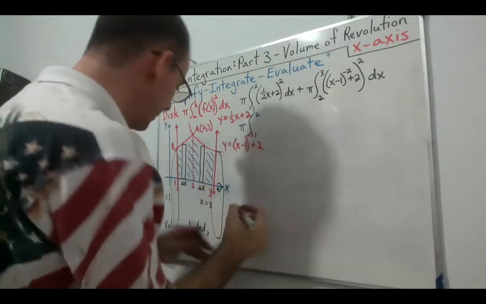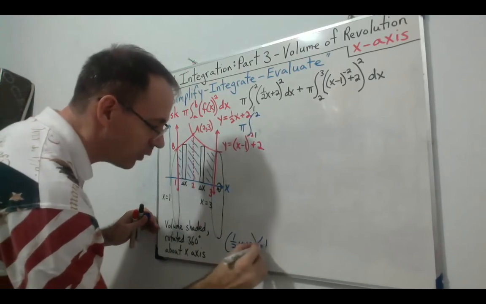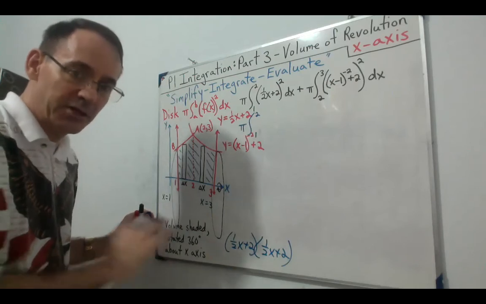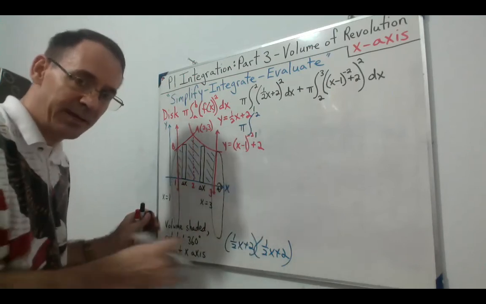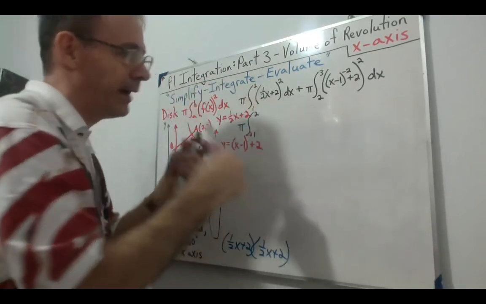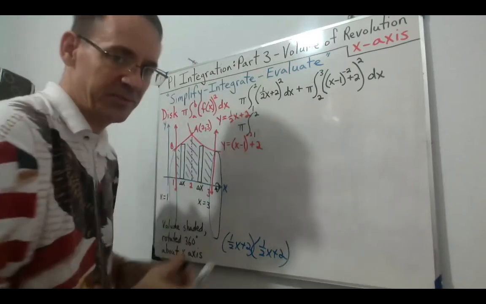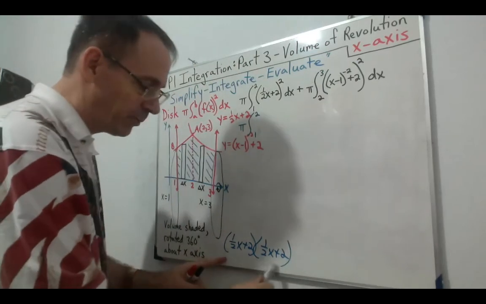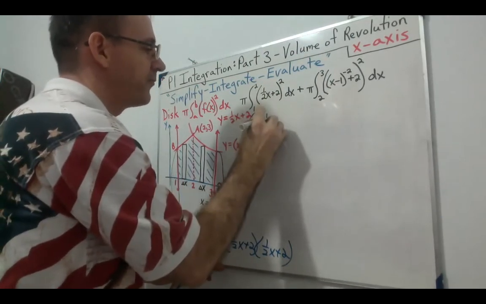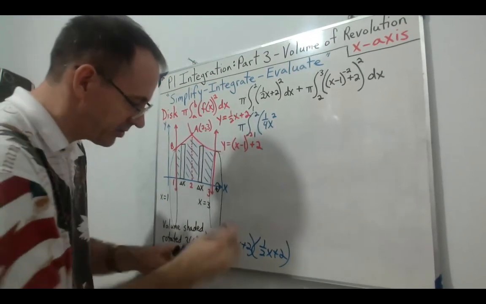If you need to write it side by side like this, and expand it out by smiley face, then go ahead and do that on a separate sheet of paper or off to the side. But hopefully by this point in your AS level, you should be able to expand this out. And it's no problem if you have to do this. So what you're going to get is 1/4 x squared. Okay, so what you're doing is your smiley face method.